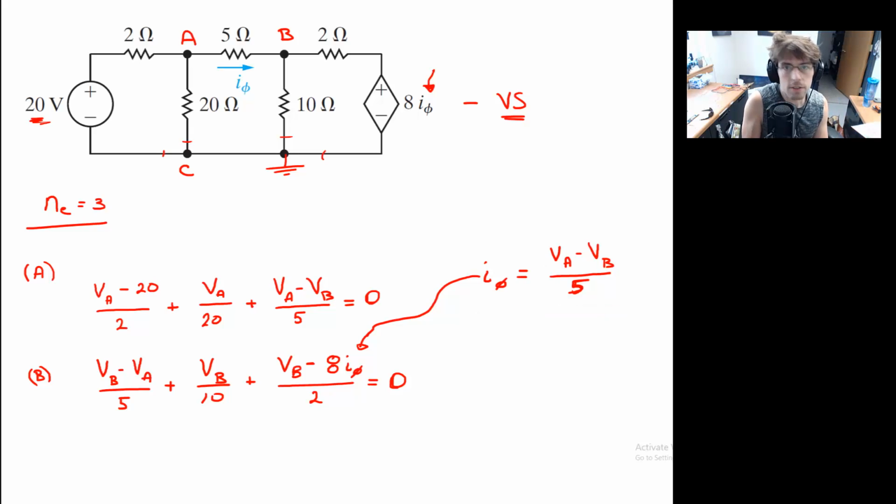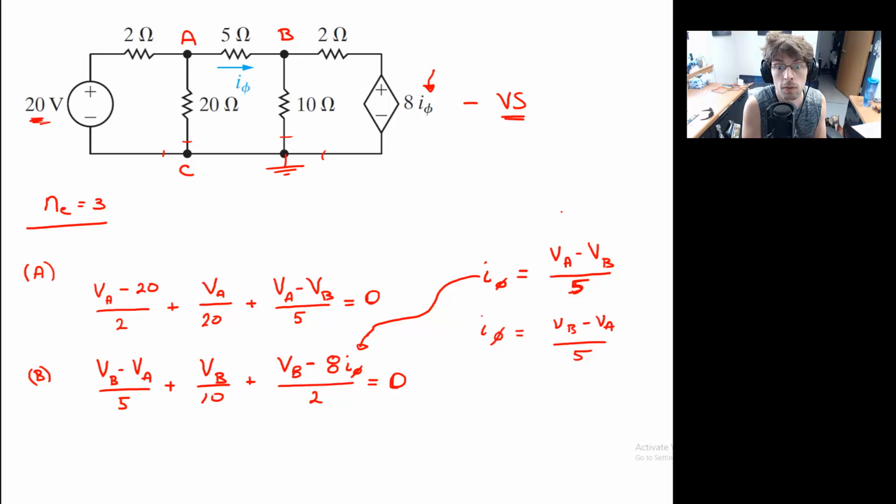Now you might ask yourself, how did I know that I should use VA minus VB instead of VB minus VA over 5? And I would say the key comes back into the fact that we are shown the direction that the current is flowing, and it's away from node A. Okay.